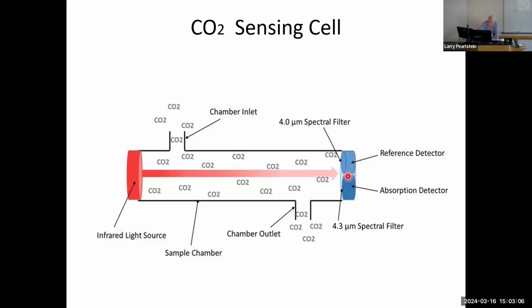When there's no CO2, these both pick up the same intensity because there's nothing in here that's eating it up. But as you add CO2, the absorption detector gets a weaker and weaker signal while the reference detector stays the same. That difference allows you to calculate the amount of CO2 you've got in the air.